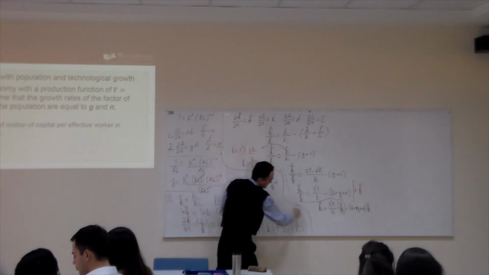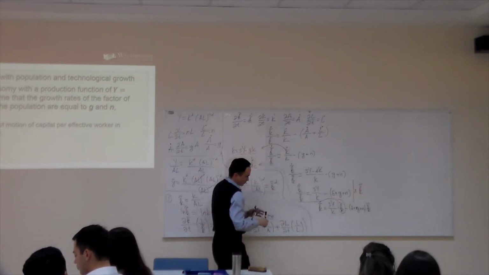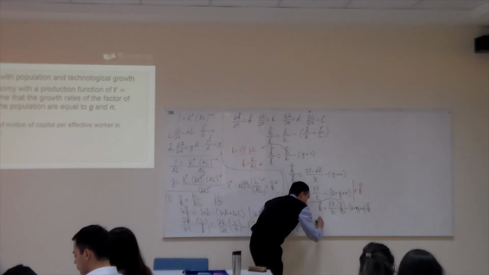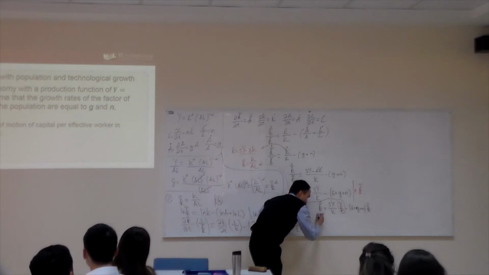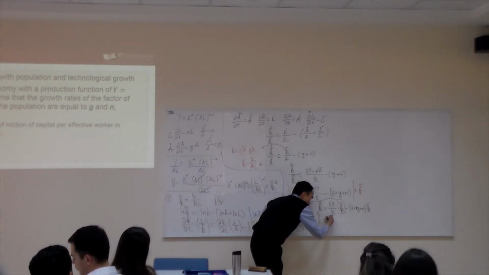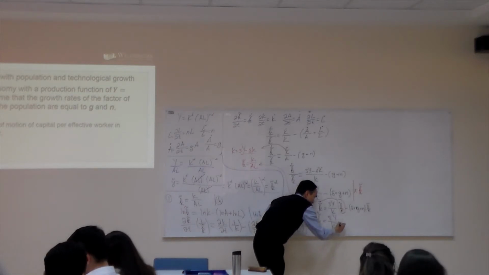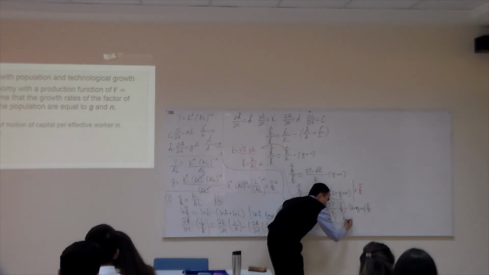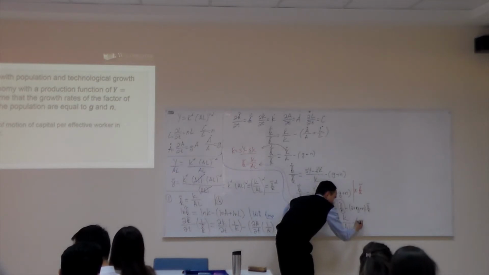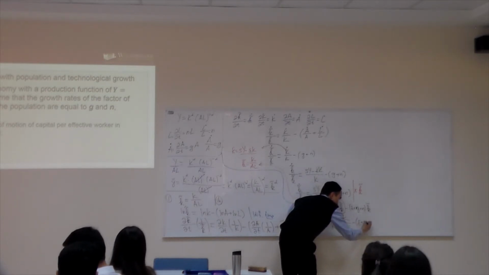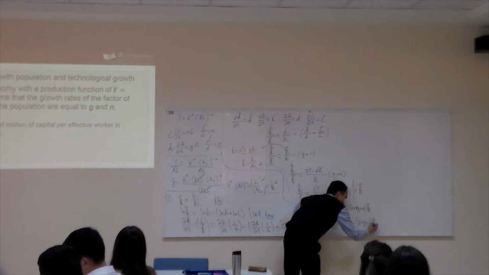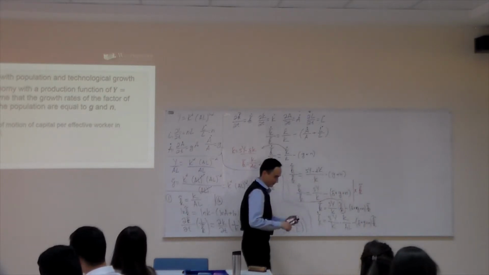So now we will place it in here, and it will give us capital per effective labor change equals saving rate times Y over capital stock times capital stock over effective labor minus delta plus G plus N times capital per effective labor.